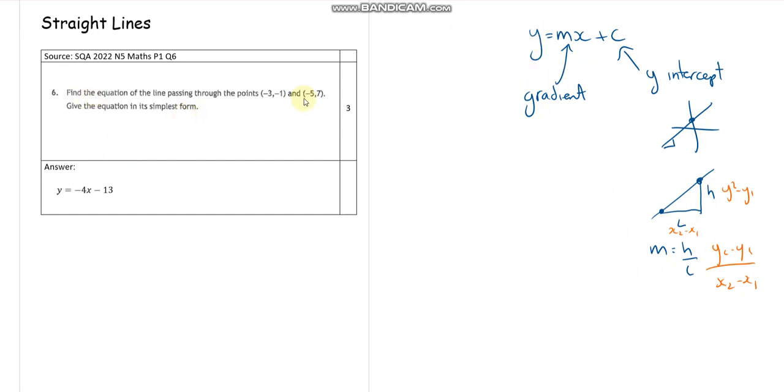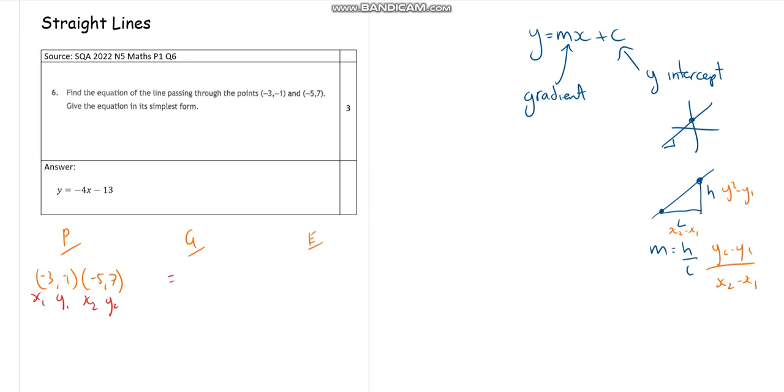Find the equation of a line passing through these 2 points. This is it, standard fare. Brilliant. What we do, take three hidden: point, gradient, and equation. So my points are -3, -1, and -5, 7. I'm going to label these up with x1, y1, and x2, y2, just so I don't make a mistake.